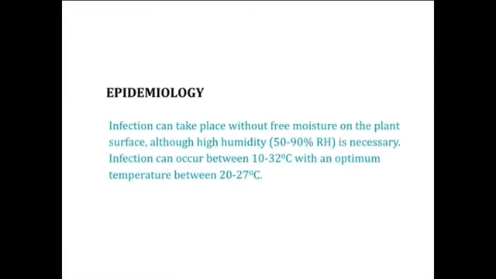Infection can take place without free moisture on the plant surface. Although high humidity, that is 50 to 90% RH, is necessary, infection can occur between 10 to 32 degrees centigrade with an optimum temperature between 20 to 27 degrees centigrade.